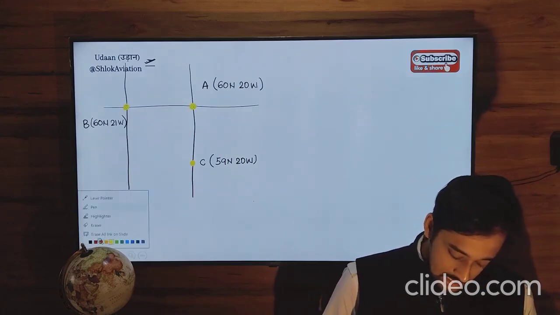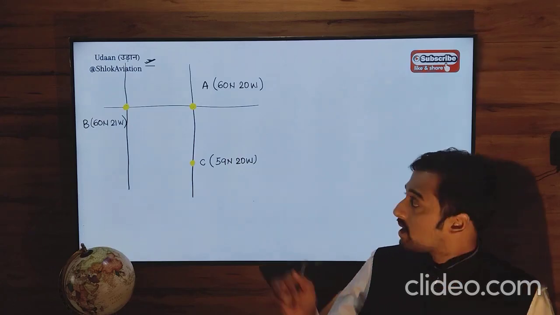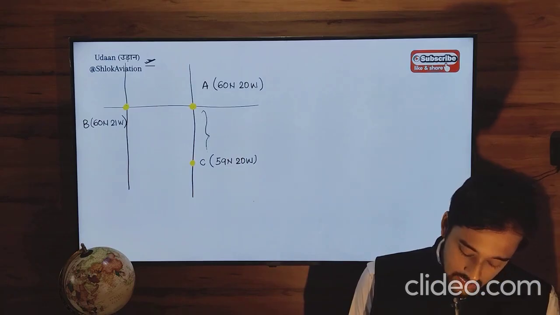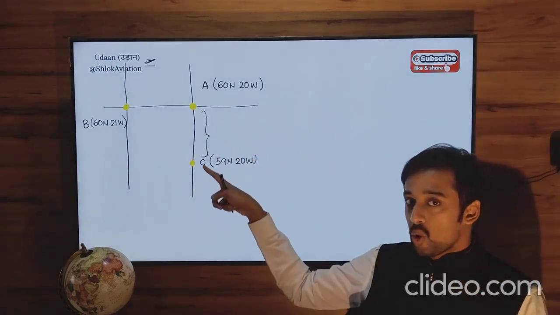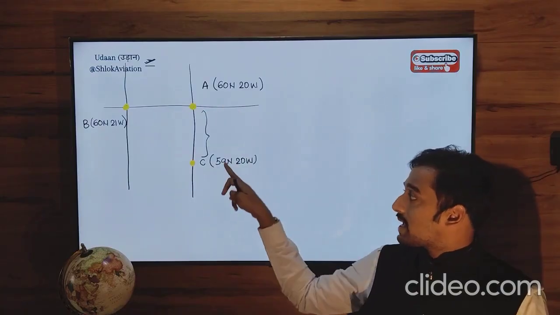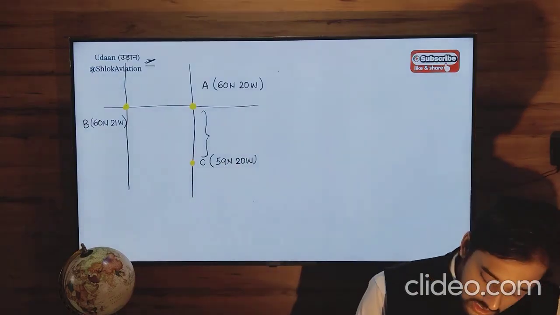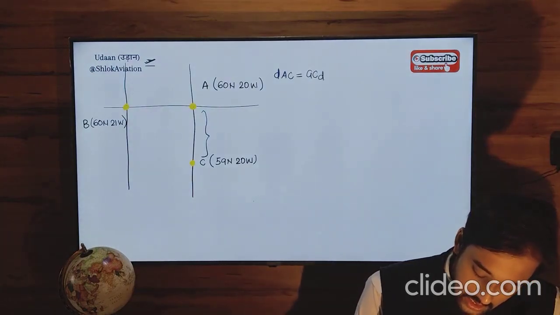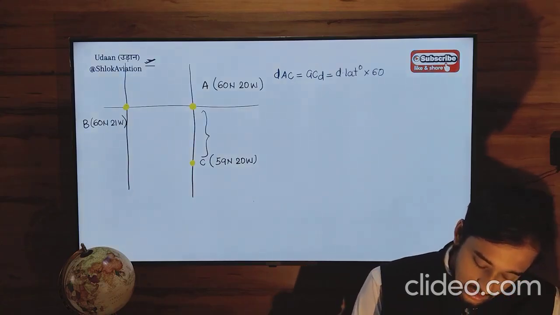Now AC is a great circle distance, right? AC is a great circle distance since both are located on same longitude but different latitudes. So distance AC equals great circle distance equals d lat in degree into 60.